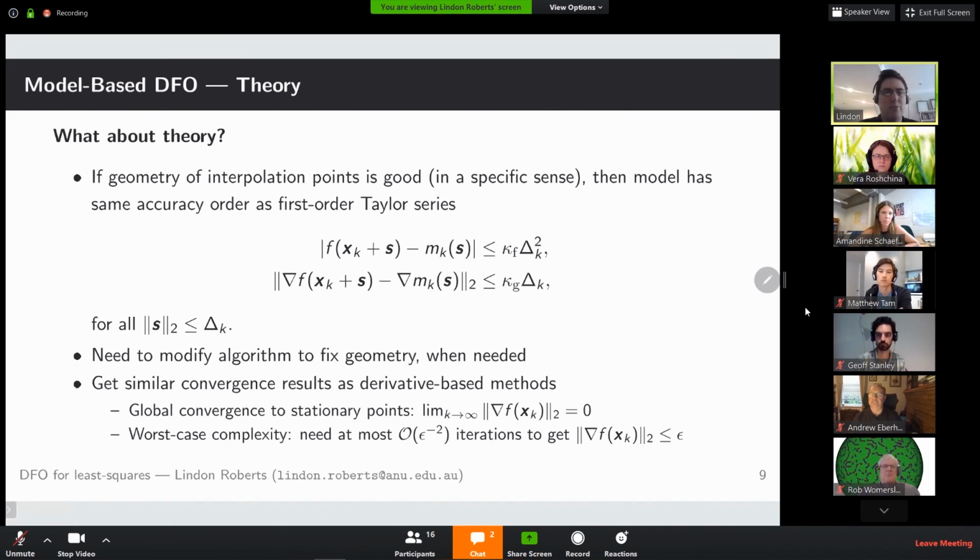For the quadratic part, you don't want to capture all the quadratic information because then you need n squared evaluations. If you just capture a bit of it, from a theoretical perspective you just assume that your quadratic terms are bounded, and then they don't enter into the convergence theory at all. It's all about how accurate your gradients are. So theoretically, it's the same.